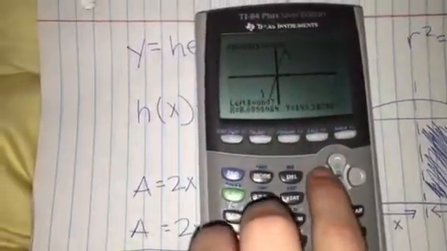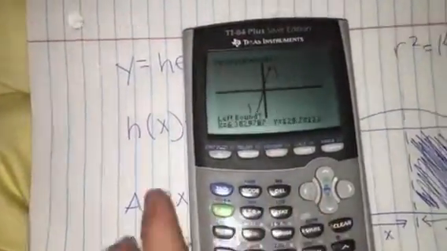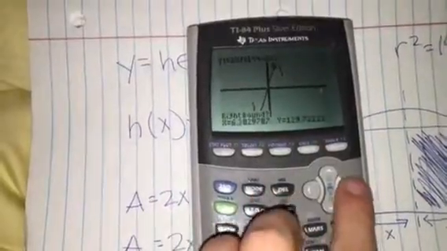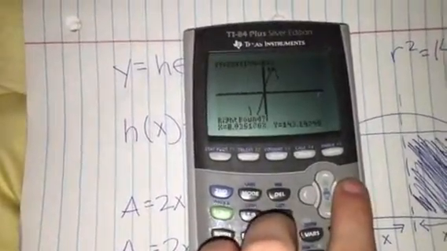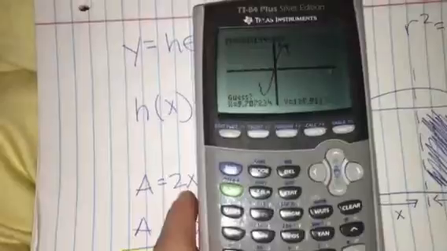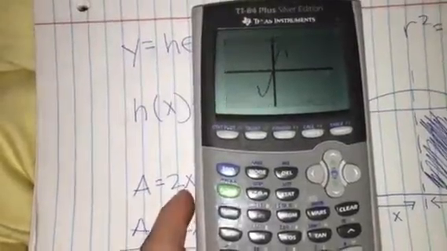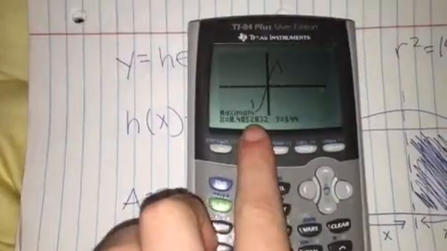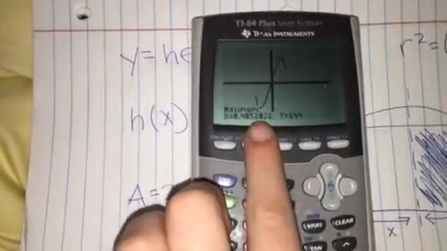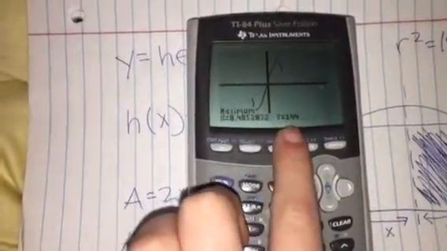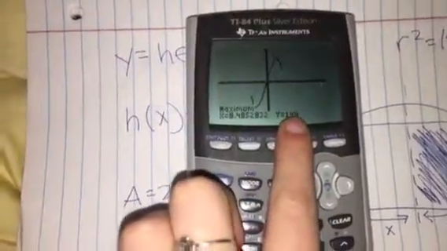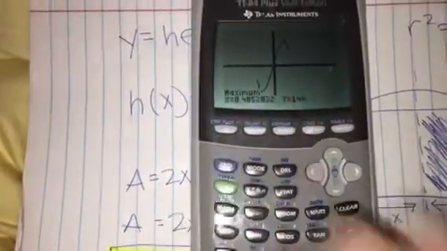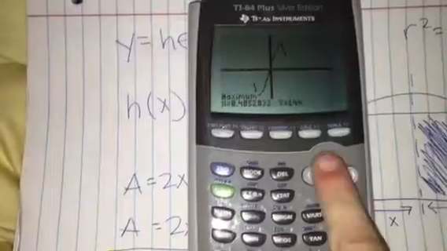We're going to move our left bound there, move our right bound there, and hit enter again. And there it's telling us that our maximum is 8.48. That's our maximum height when the area is at 144. And that right there is your answer to number 2.